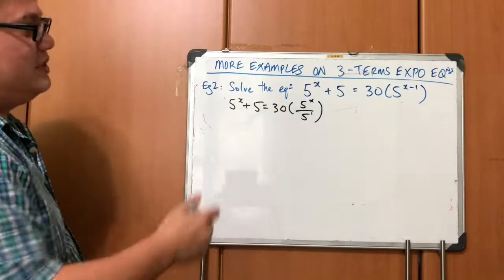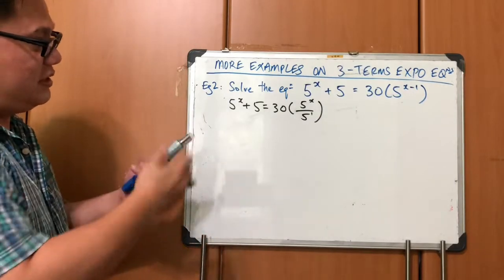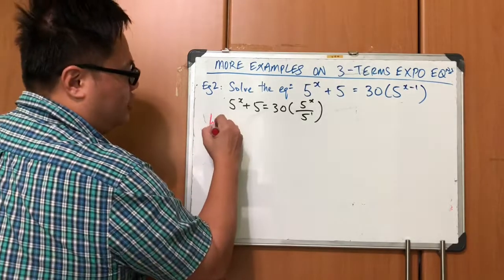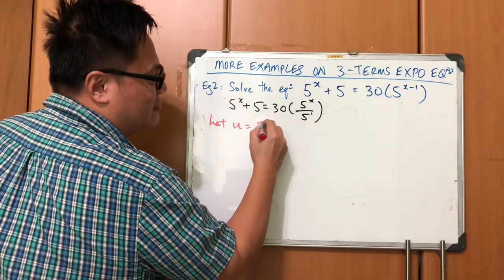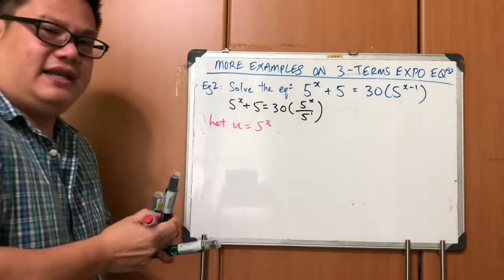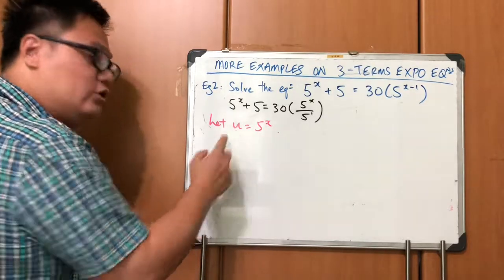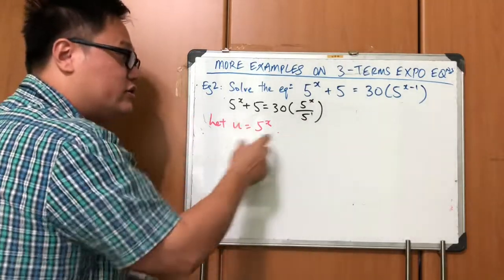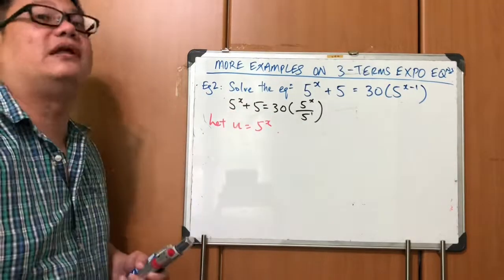Okay, so from here, you can start doing your substitution. Let u be equal to 5 to the power x. You can let any variable here, let u, let y, but don't let x be 5 to the power x. Otherwise, in your equation, you have two x's. We don't want that to happen.